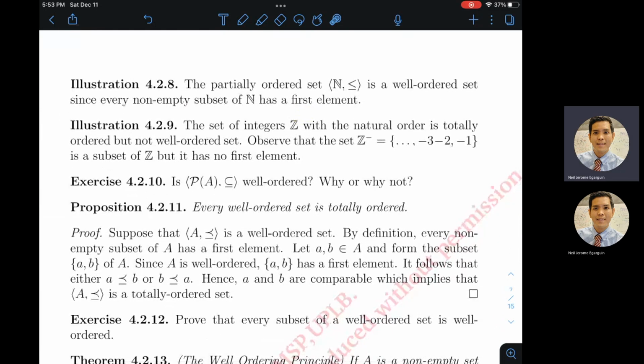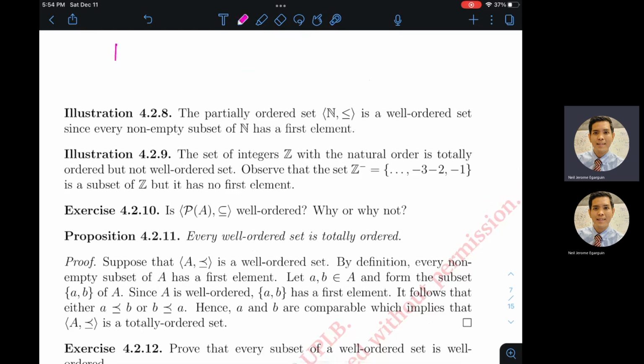Now, let's look at some quick examples. The partially ordered set N together with the natural order less than or equal to is a well-ordered set. Kasi kahit anong non-empty subset of N has a first element. So di ba ang N nagsimula kay 0, 1, 2, 3, 4, 5, 6, 7. It's a total order.